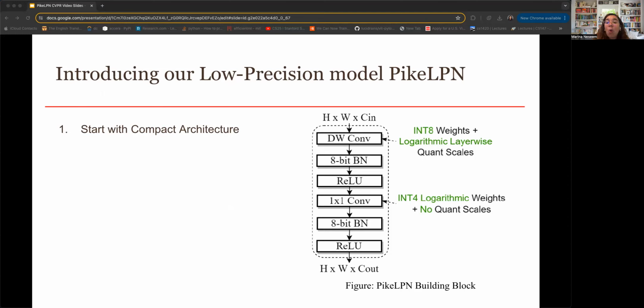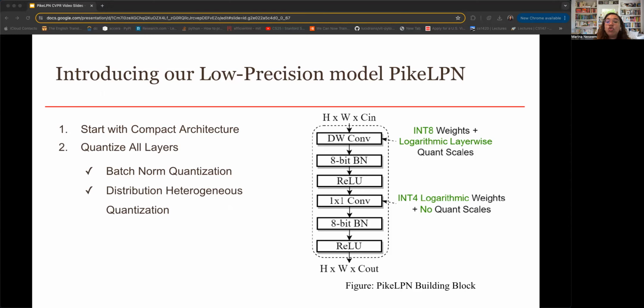Now, trying to quantize this compact model, including both the element-wise operation and the multiply accumulate operation, we introduced three novel quantization strategies. The first one is batch norm quantization, which was usually left unquantized in the past because it is very sensitive to quantization.